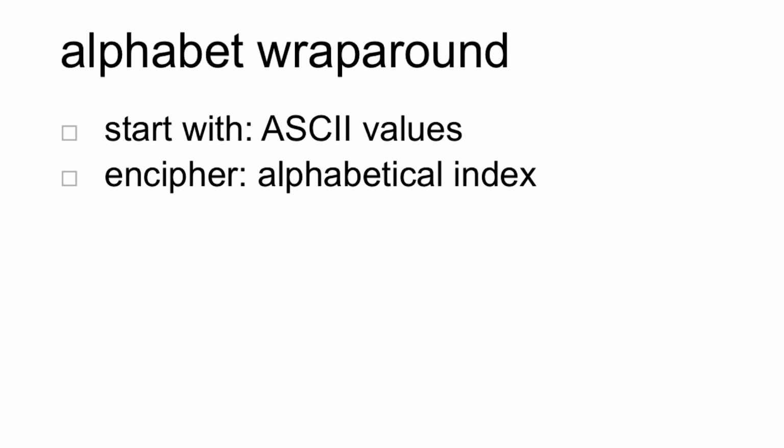In order to properly wrap around the alphabet and apply the Caesar equation, we know that we need to deal with alphabetical indices, but we start with ASCII values, and only then do we convert to the alphabetical index. From there, in order to print, we need to deal with the ASCII values again.